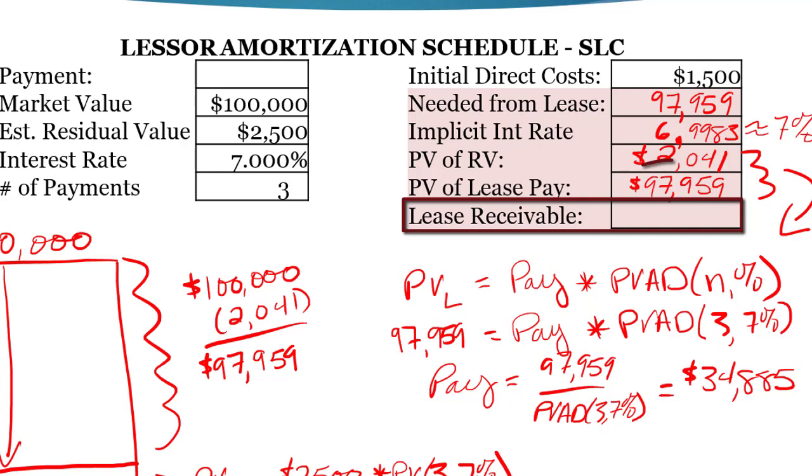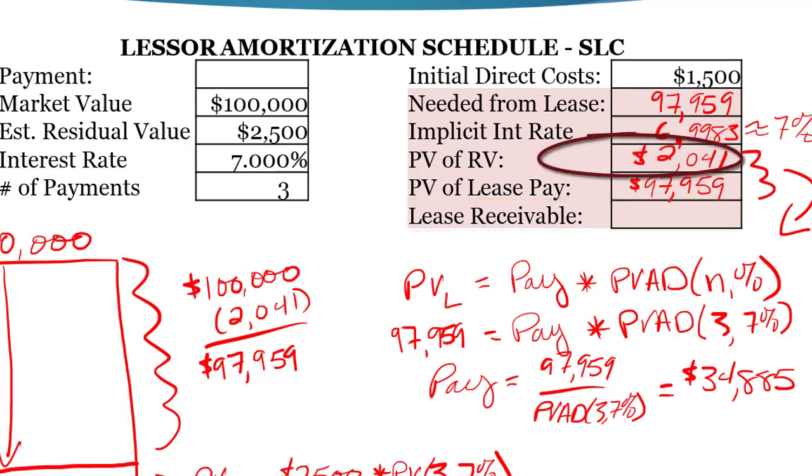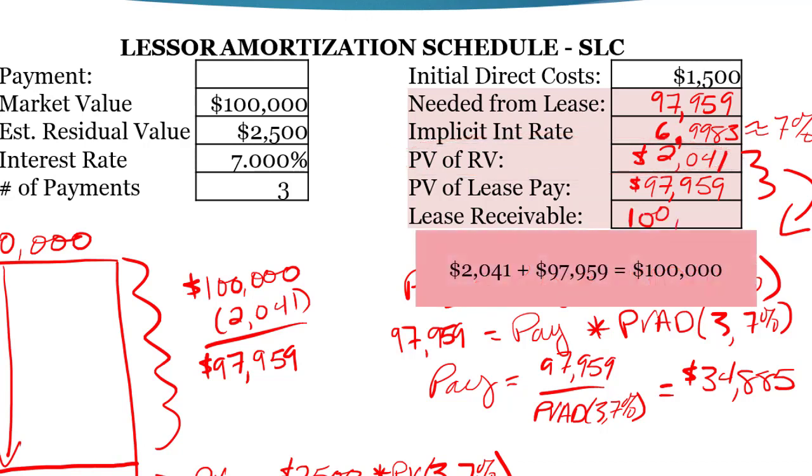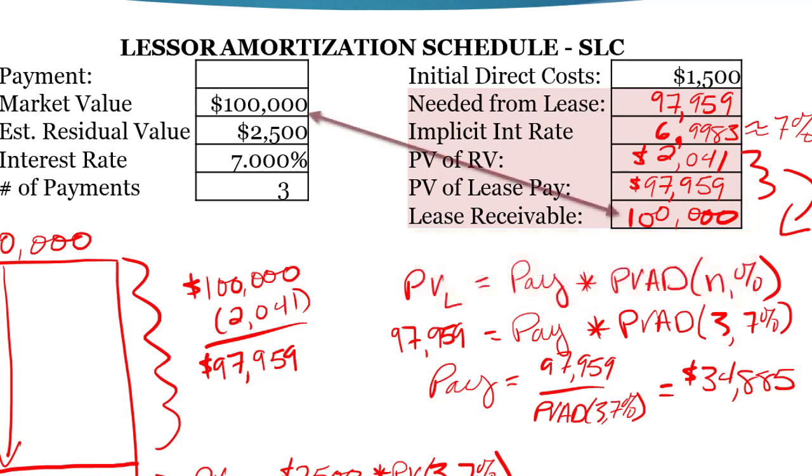So in this case, we're going to get the $97,959 and the $2,041 because they're going to pay us that bargain purchase option. The only time we don't include the present value of the residual value is if it's an unguaranteed amount. So if we add those up, well, look at that. It comes out exactly equal to the market value, and that's what we should see.